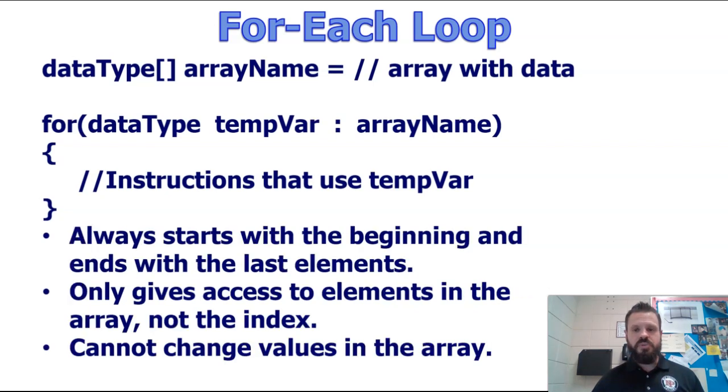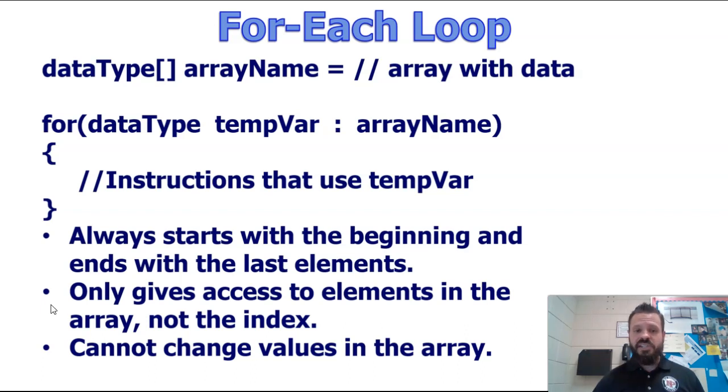Now, the for each loop is going to be a very convenient coding structure to use, but there are some limitations to it. The first is that it always starts with the beginning and ends with the last element in our array. Now usually when we're processing the arrays, we want to run through the whole thing, so this isn't a big deal. But if we did have a situation where we didn't want to use the entire array, we can't use the for each loop.